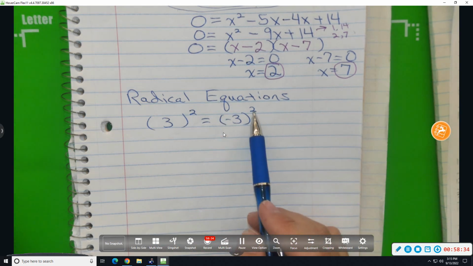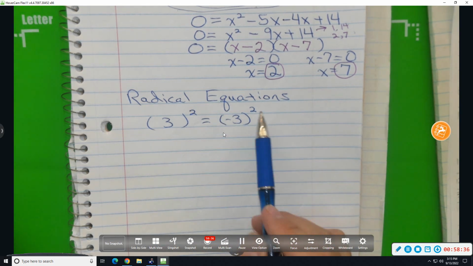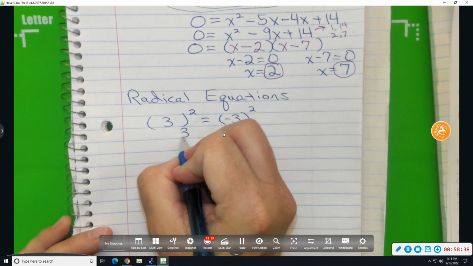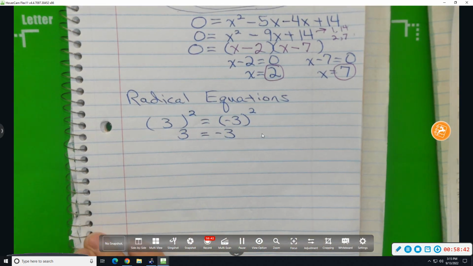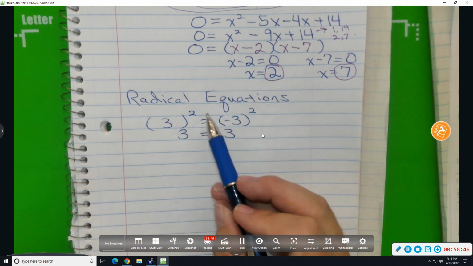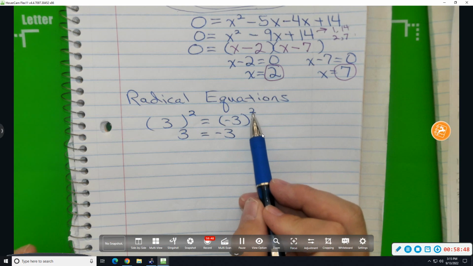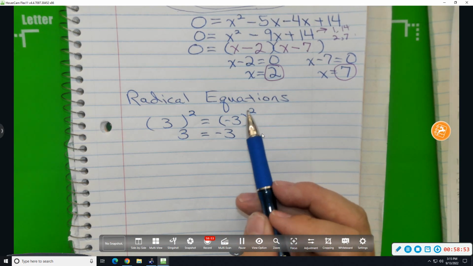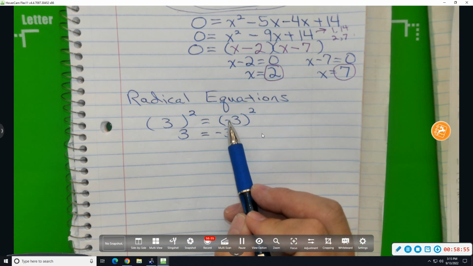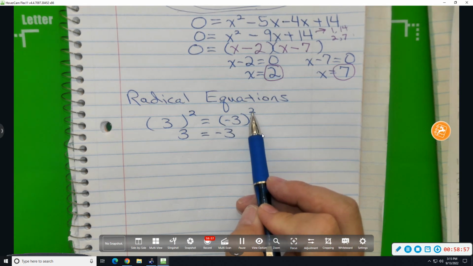Suppose those squares aren't there. Is this still a true statement? No, it isn't. When you raise both sides of an equation to an even power, you're squaring. That 2 is an even number. You run the possibility of taking something that's negative and squaring it and making it positive.